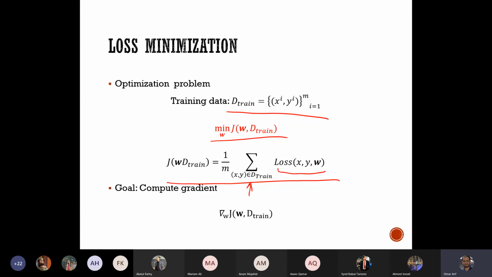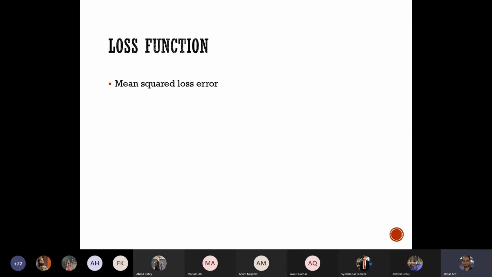Right in this slide I'm just setting up the optimization problem. The goal is to compute the gradient of my cost function with respect to my weights. And once I have that, I update the weights using gradient descent.